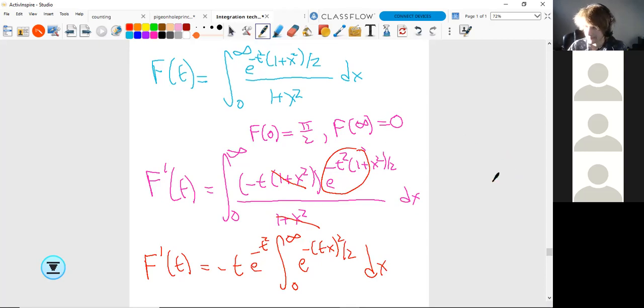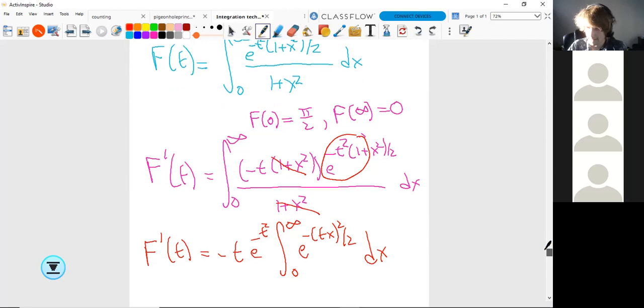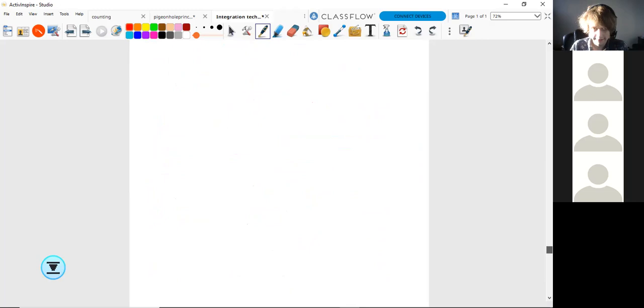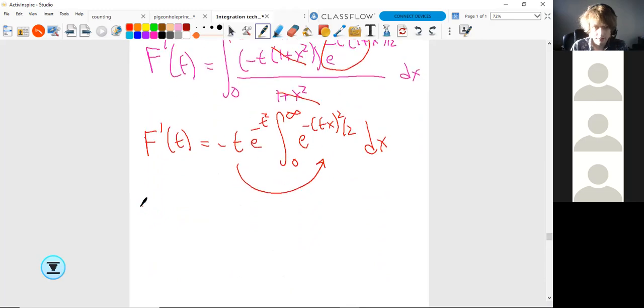And let's make a substitution here. I guess I should have left this t on the inside for what I'm about to do. Because let's make the substitution. Oh, I have so much scroll down here. y equals tx, which implies that dy equals t dx.